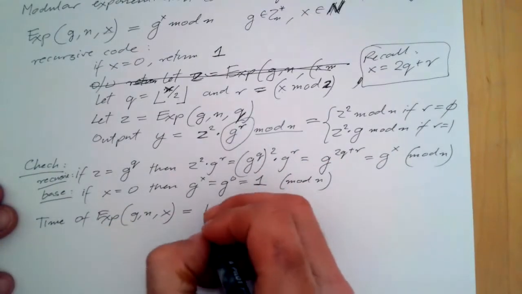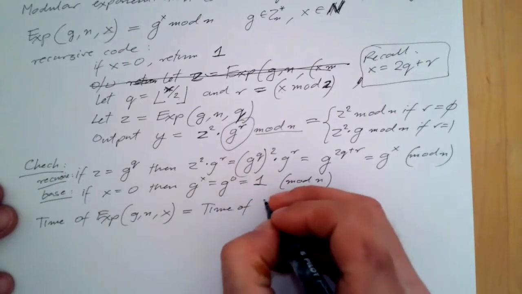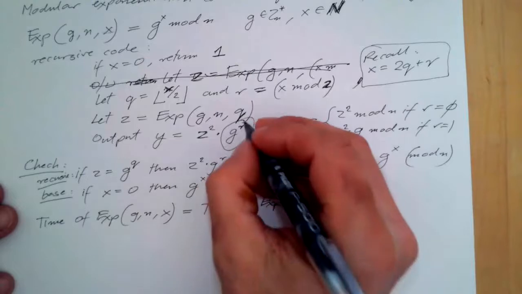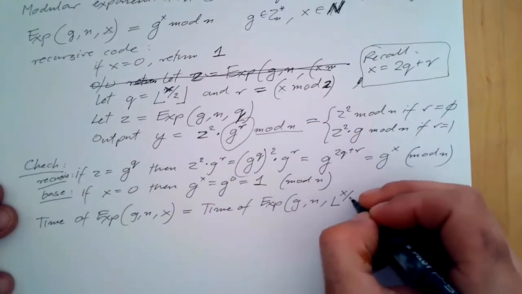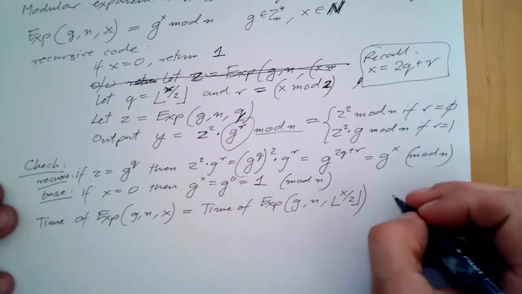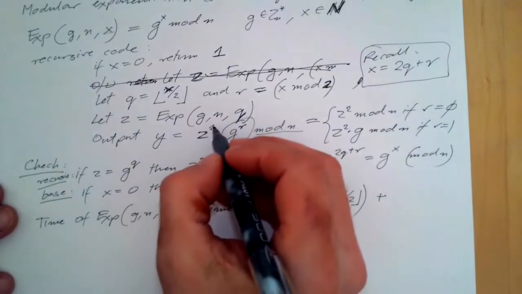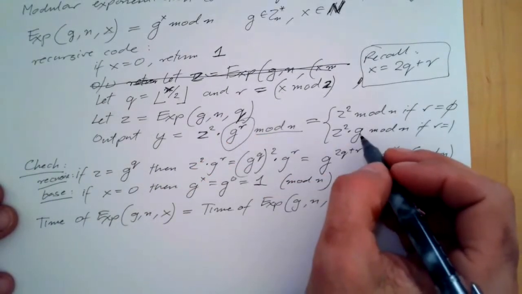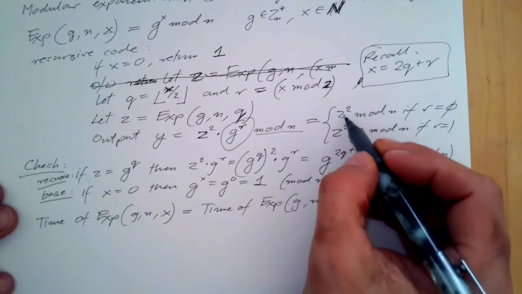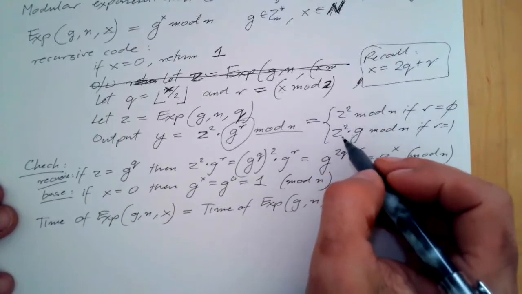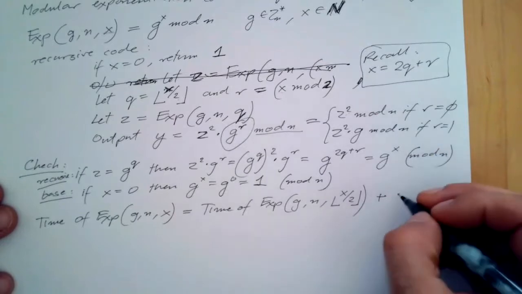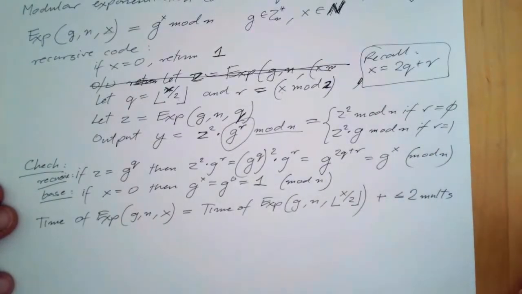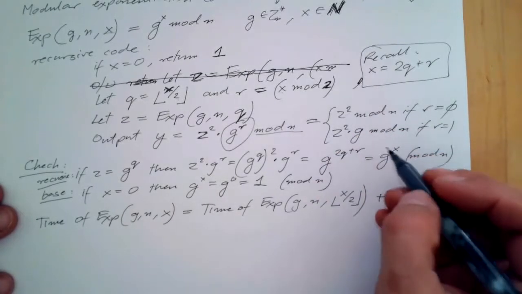So the time of this is the time of the recursive call on G, n, and Q, plus what do you do? One multiplication, and then another. So you have either a single multiplication here, or two. So it's up to 2 modular multiplications. This is the step where you actually perform some computation.